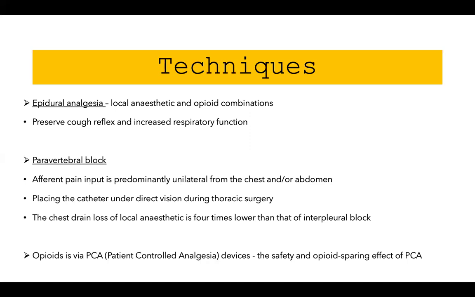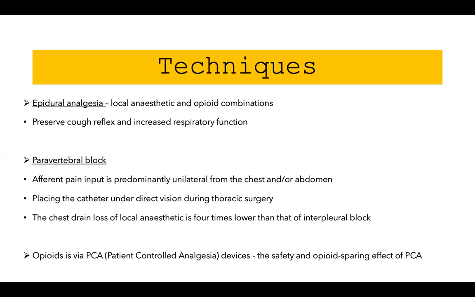There are other options like paravertebral block. If the afferent pain input is predominantly unilateral from the chest or abdomen, then we can probably avoid epidural. There are some concerns that if you use epidural, the fluid requirement is high because of a more vasodilatory state, and some surgeons try to avoid it specifically in high risk patients.